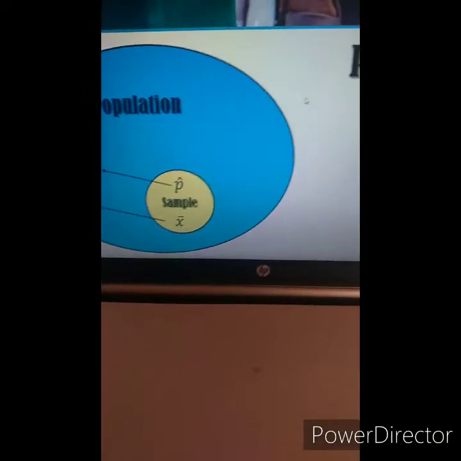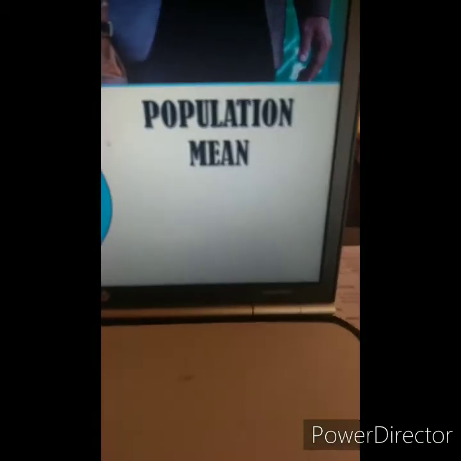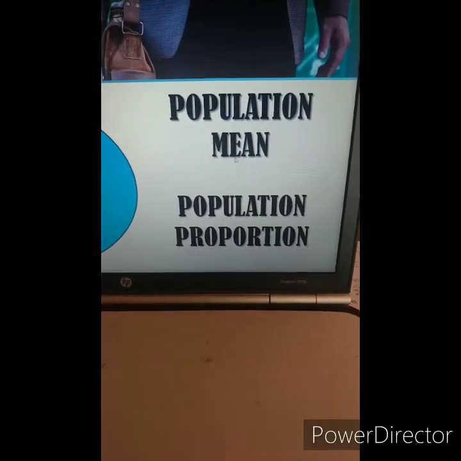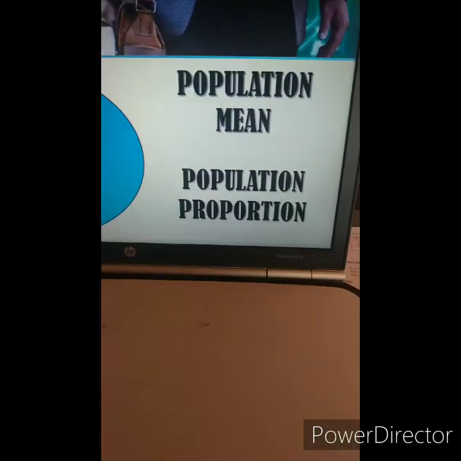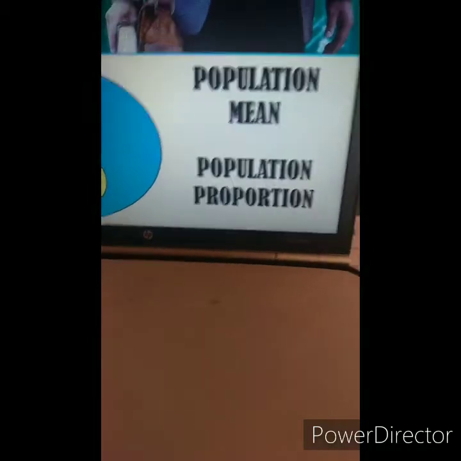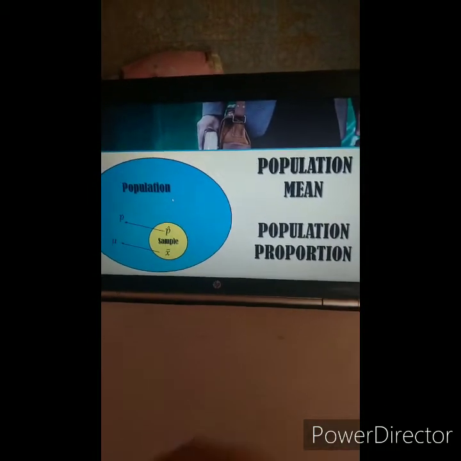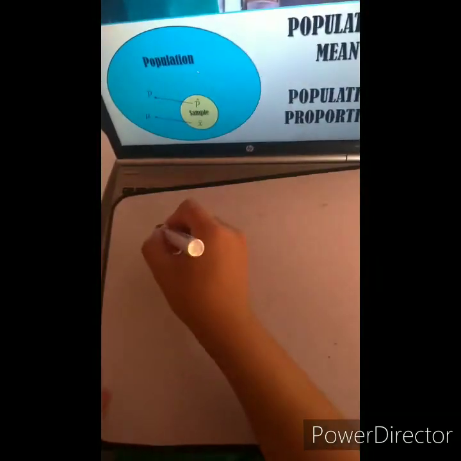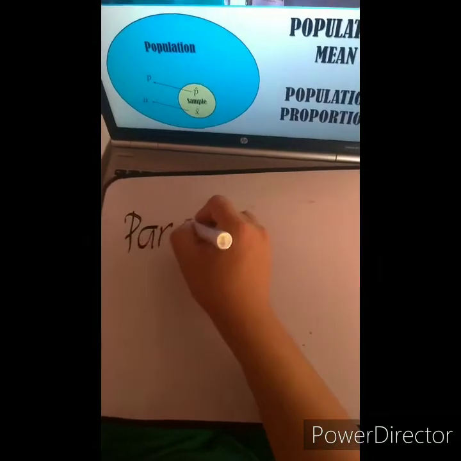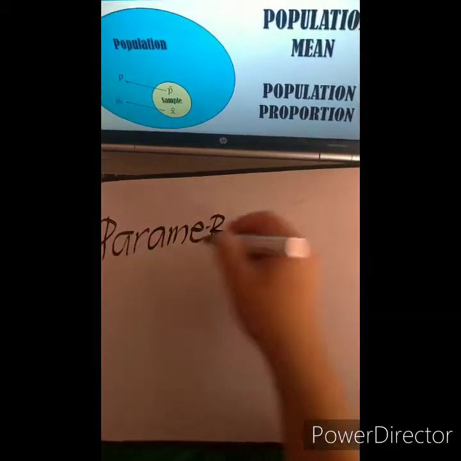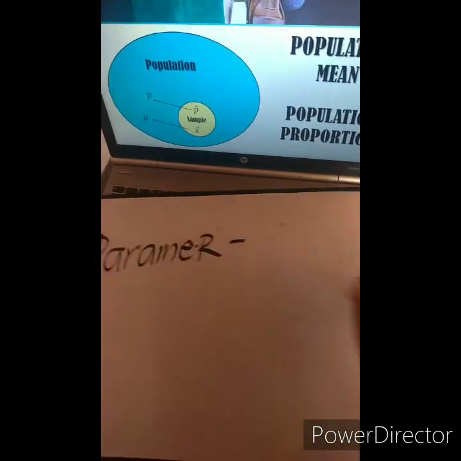Okay, so we have the population mean and the population proportion. The proportion, we did not yet discuss this, but the population mean is the mean from the population. Again, any value coming from the population, do not forget this, is a parameter. Let's repeat.